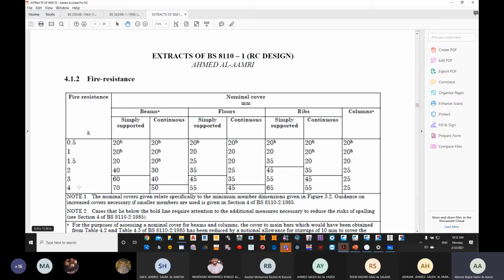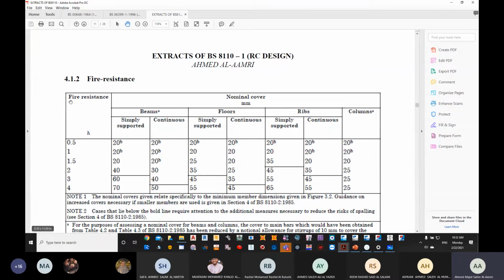So half an hour will not be sufficient, but you might go for 4 hours, since we have people who do not know where the exits are, and people who require a lot of help to go outside. So depending on the nature or the use of the building, you are going to estimate the appropriate fire resistance.